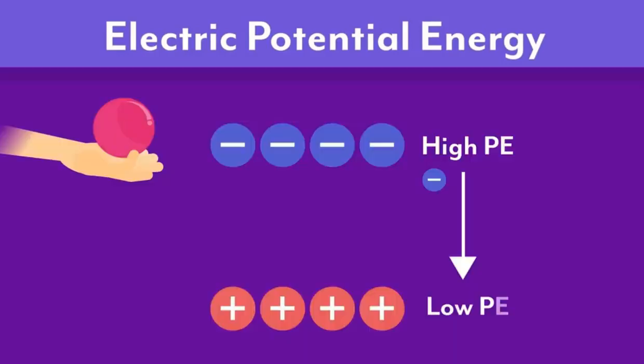Electric potential energy of any charge describes how much stored energy it has. Like the ball in your hand has high potential energy, a negative charge close to another negative charge has high potential energy. If left free, it will be repelled by a negative charge and will move towards the positive charge, just like the ball will fall towards the earth.